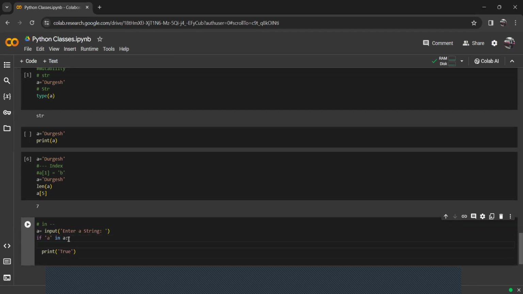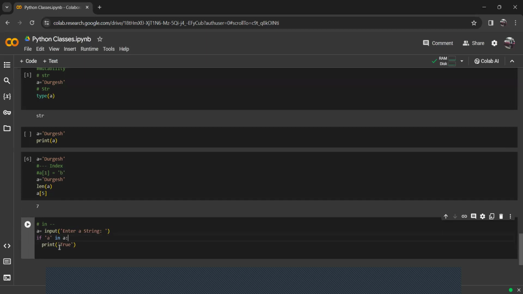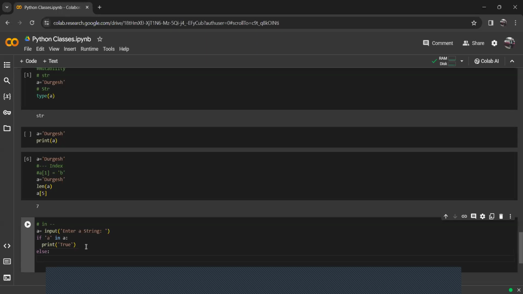But if you start from the beginning of the line, then you have to press tab. So in Python, you have to follow these things. Now I am writing if a in a, print true. Now the else condition. Else comes with if. If this is not the condition, then print false.